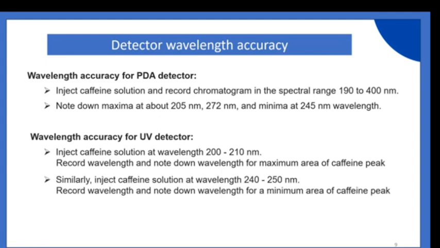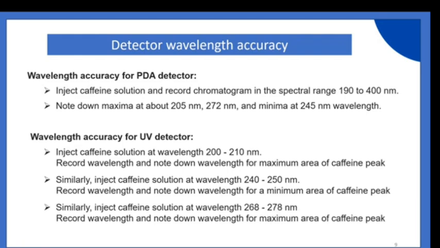Similarly, inject caffeine solution at wavelength 240 to 250 nanometer, record for each nanometer and note down the wavelength for minimum area of caffeine peak.